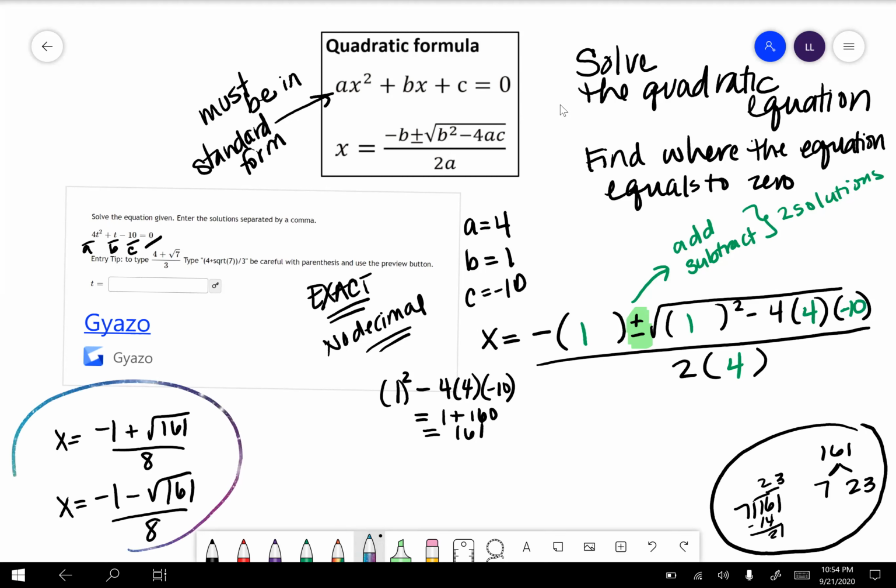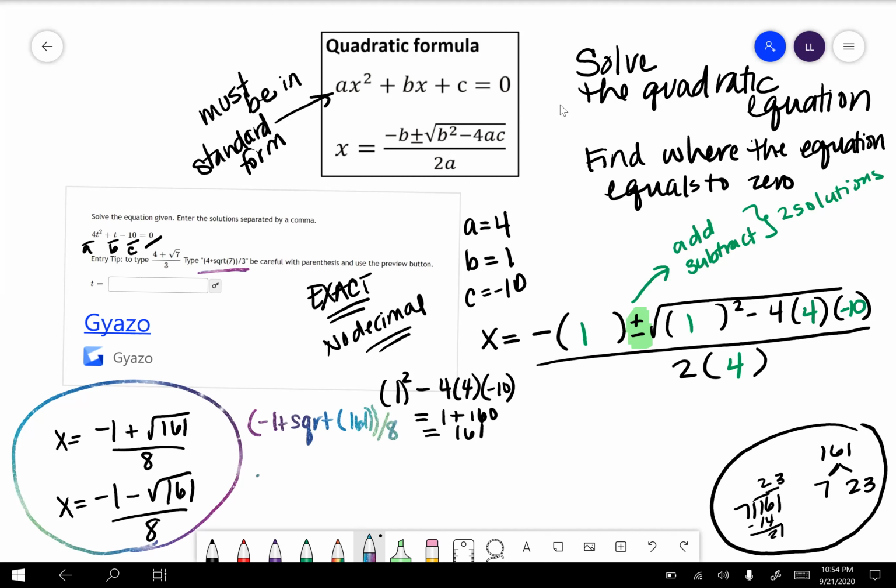So how do I write this answer in here? I simply have to follow the rule it gives me. The first one, I'm going to type in -1 plus SQRT, open parenthesis 161, close parenthesis, over 8.